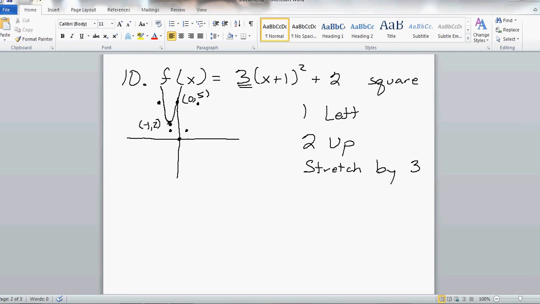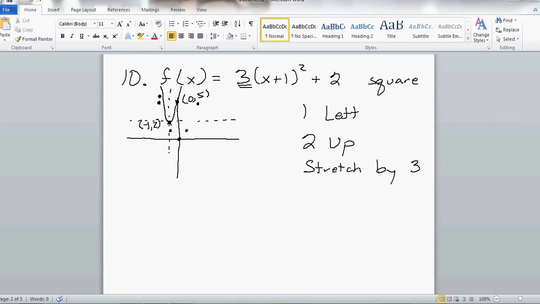Now another way to look at it is once you find the vertex right here, shifted 1 left and 2 up, and there's not going to be a stretch, then from this point forward everything is going to be stretched by 3 with respect to this. So we can sort of think of it as, here's our new set of axes, and then we would just take what would normally be a 1, 1 and stretch it up to 1, 3. And this one would be -1, 1, but it's going to be stretched up to -1, 3.